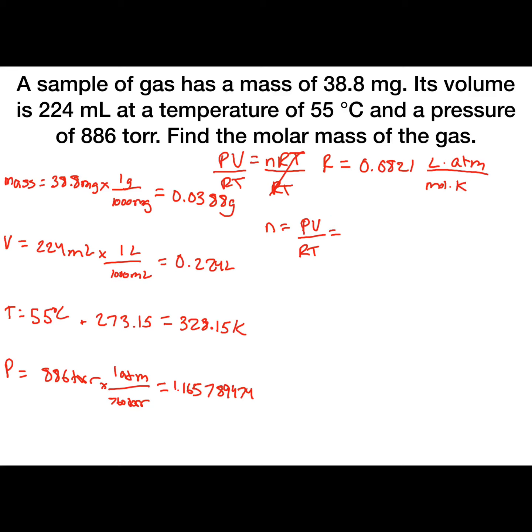So we have our pressure of this really long number, 1.165789474, and a volume of 0.224 liters, divided by our R value, which is 0.0821, and our temperature of 328.15.